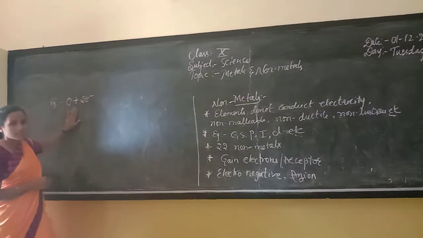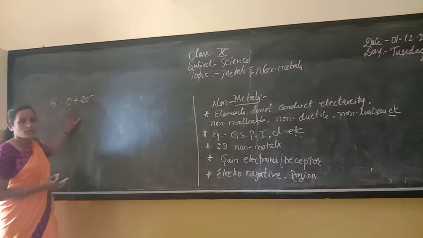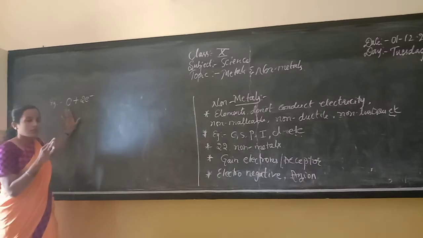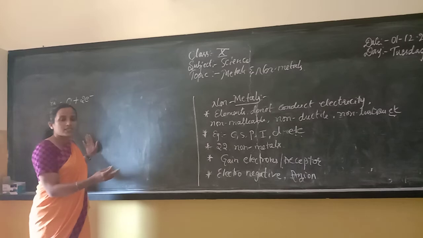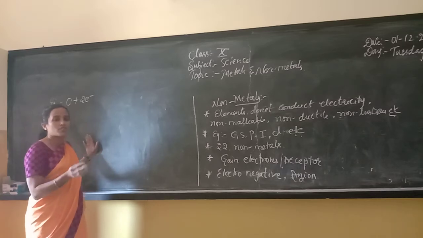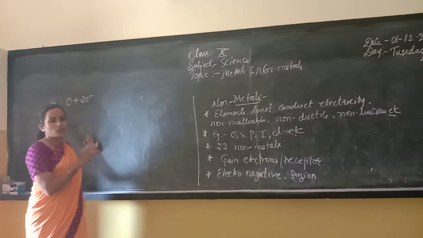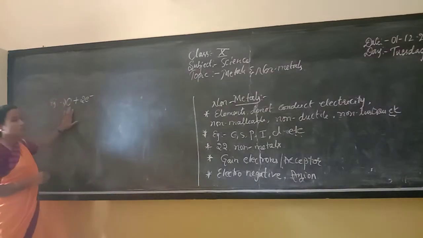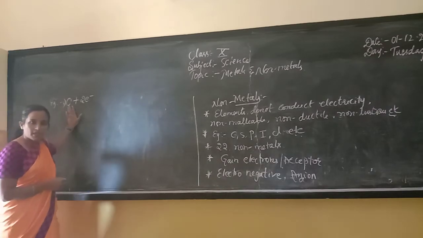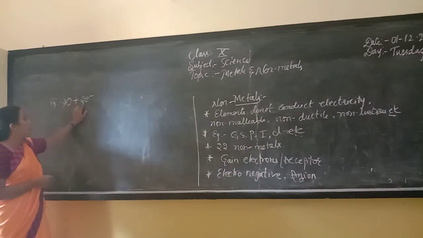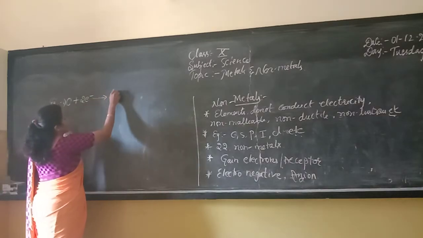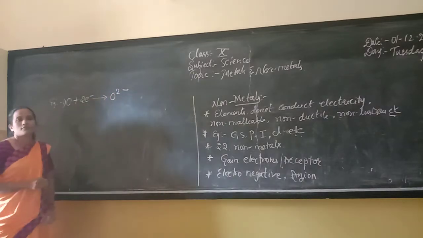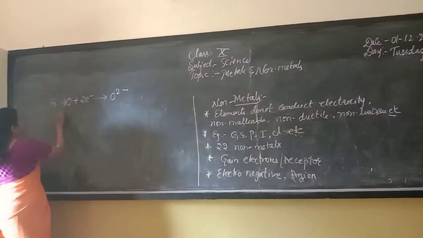From where it gains, from where it loses, in the next topics we are going to find the formation of ions. So now this oxygen, which is a non-metal, has the capacity to gain 2 electrons to form O2 minus. Understood? Next.